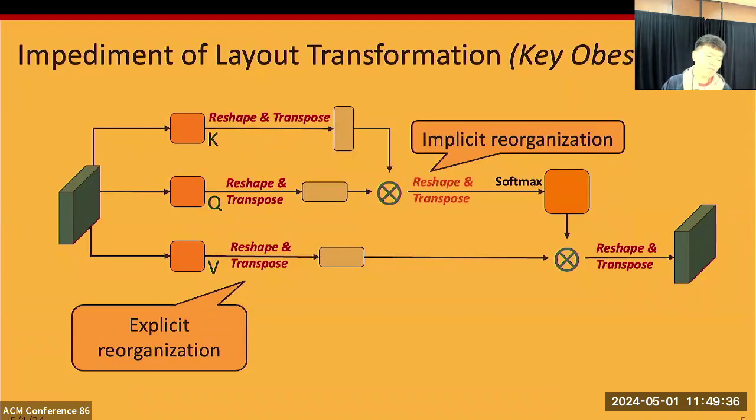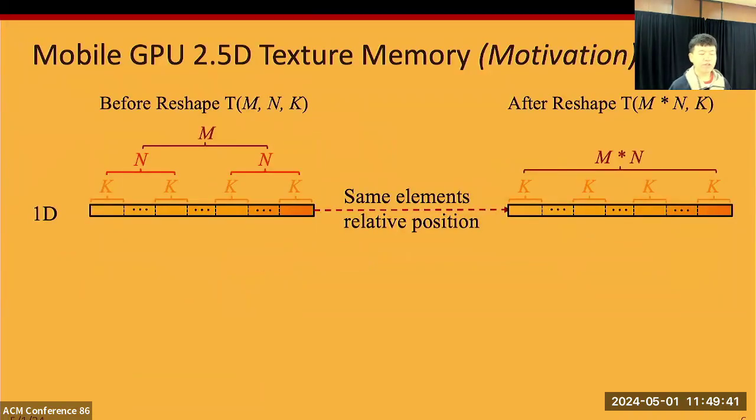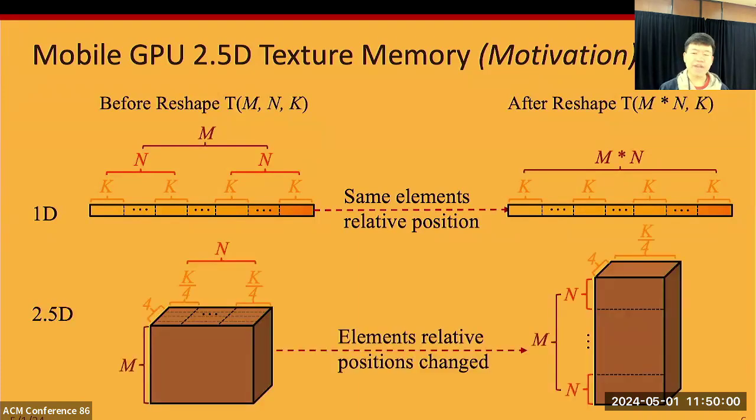So this key observation brings us the motivation. On mobile devices or general platforms, we see 1-dimensional memory or 1-dimensional tensors. They have spatial locality in contiguous data, so the data before and after what you access may be prefetched or stored in the cache. However, on mobile devices, we have a specialized memory, the 2.5D memory.